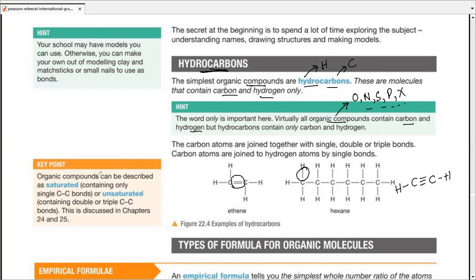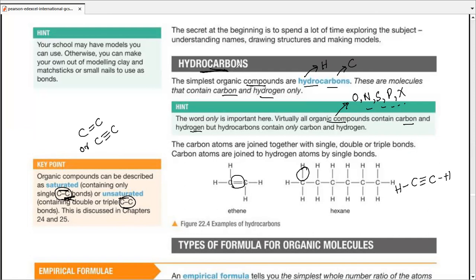Organic compounds can be described as saturated, which only consists of carbon-carbon single bonds, not carbon with other elements, and unsaturated, which may contain a carbon-carbon double. This is a mistake in the book. It should be carbon-carbon double or carbon-carbon triple bond, all right? These will be discussed in upcoming chapters, okay?